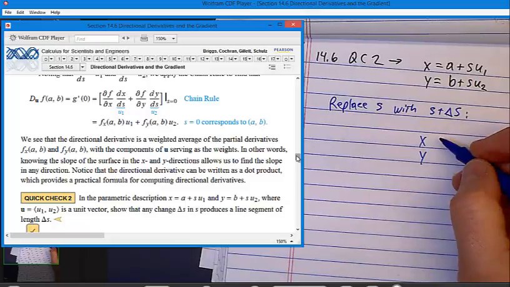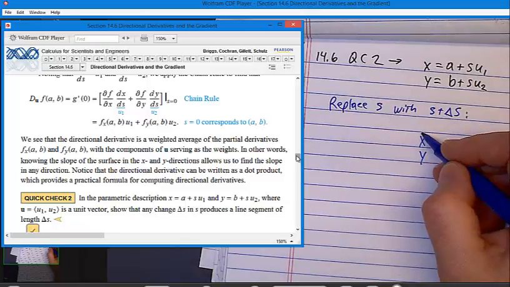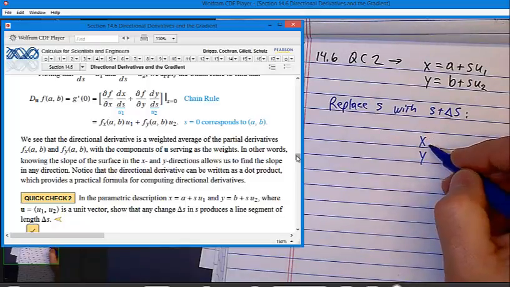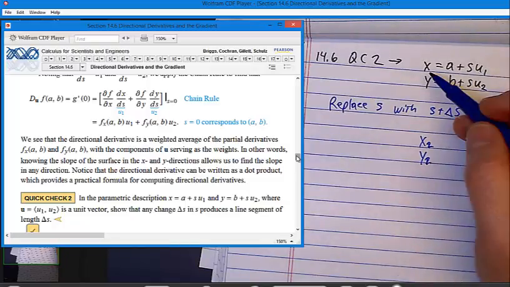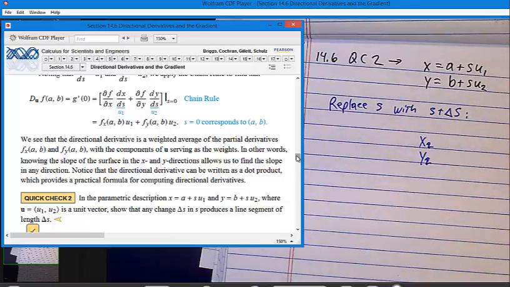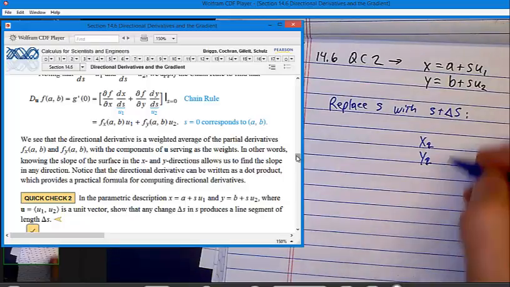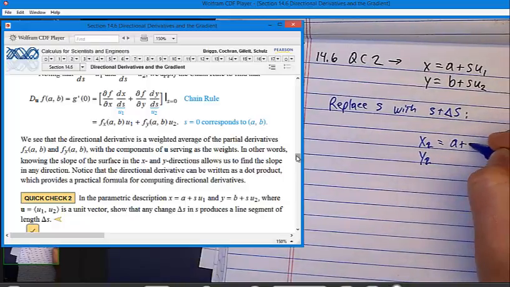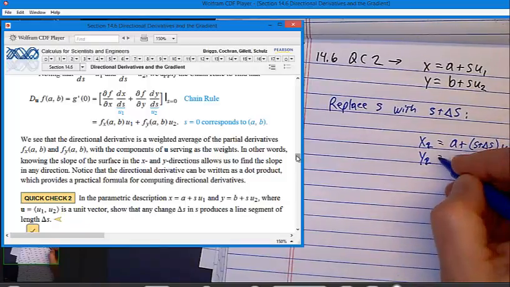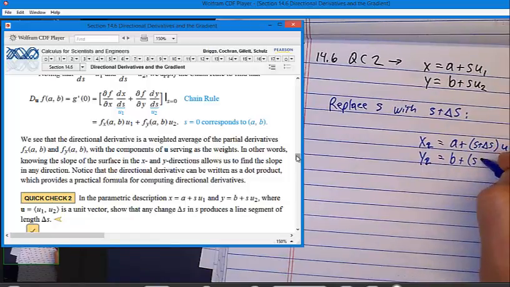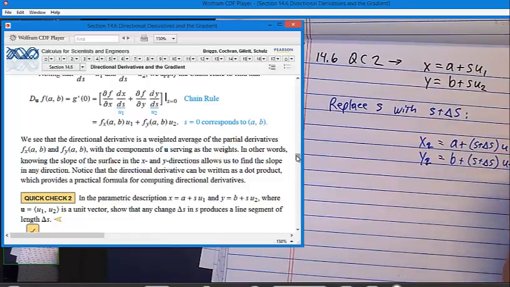Maybe I'll call this X1 and Y1. Well, maybe I'll call it X2 and Y2, because it's kind of like I start here at X and Y, and then I move to X2 and Y2. So this would be A plus S plus delta S, U1, and this is B plus S plus delta S, U2.